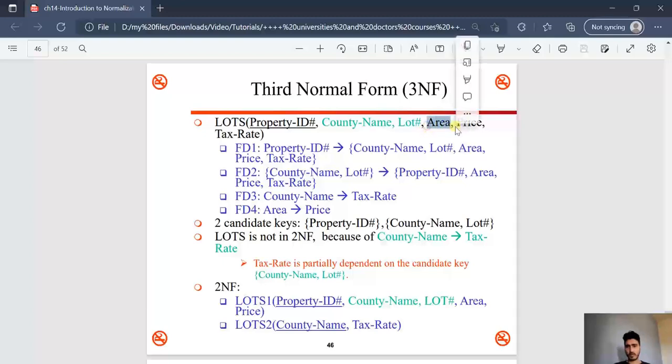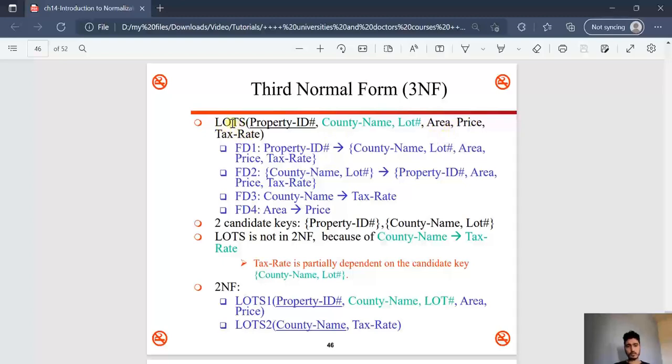Non-prime are area, price, and tax rate, because prime attributes are part of the primary key or the candidate key. And here the prime attributes are property ID, the county name, and lot number, because county name and lot number are part of the candidate key, then they become prime attributes, and all other attributes are called non-prime attributes.